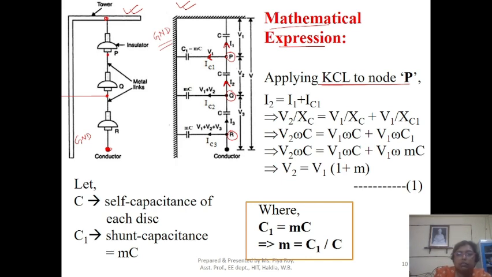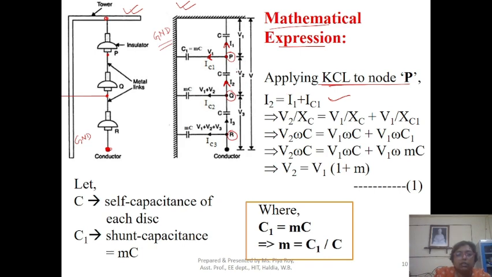So again we come to the KCL point. If we consider point P, the current entering is I2 and the leaving currents are I1 and IC1, so we write this expression. Now replace all these currents in terms of voltage and reactance.